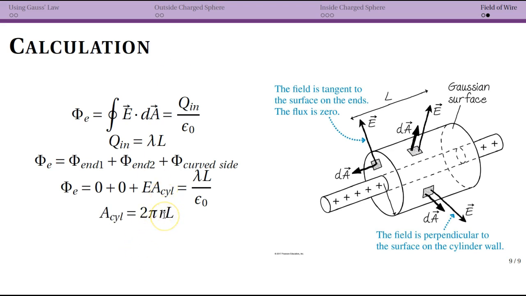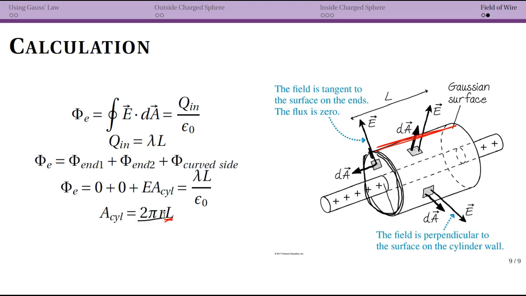And so how to think about this, if you can't just remember what the equation is, think about it as unrolling the cylinder. And if we unroll it, you get a rectangle. This side of the rectangle would be your circumference, 2 pi r, and then that would just be multiplied by this, which is length. So that's one way to think through that if you don't happen to remember.